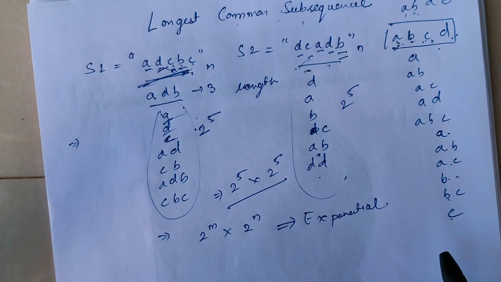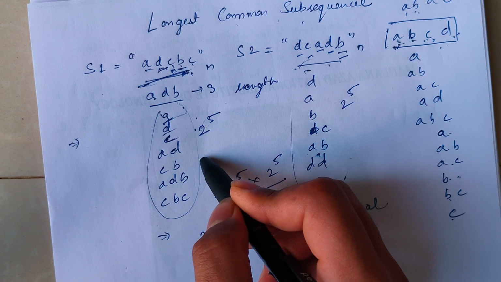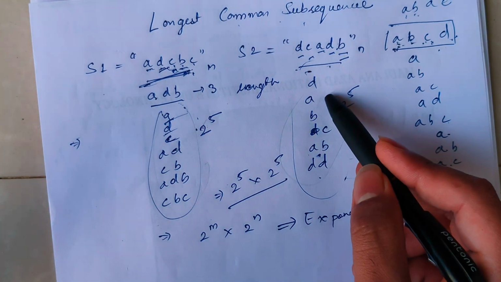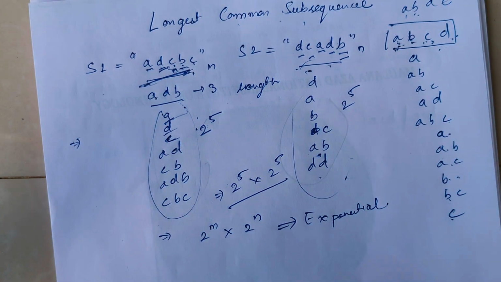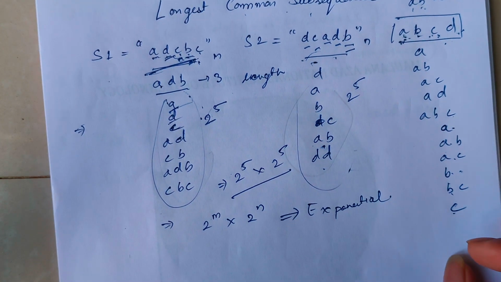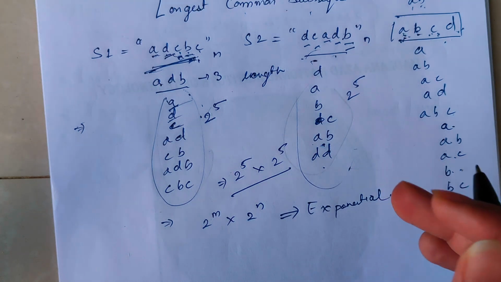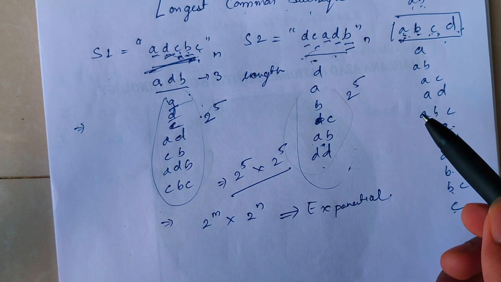So let us not just calculate every subsequence of the first string and every subsequence of the second string, but what we should do is think of calculating the length of the subsequence along.